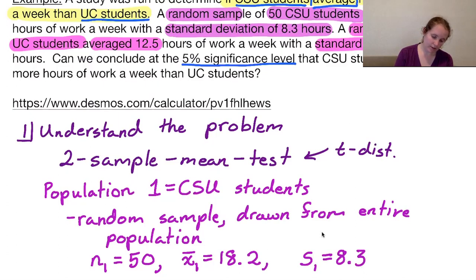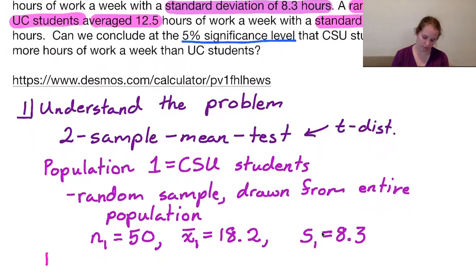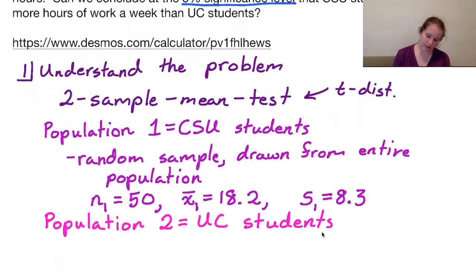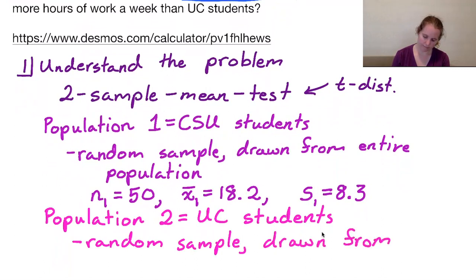Then for our second sample, we are dealing with population 2. Population 2 is UC students. We had a random sample drawn from the entire population.